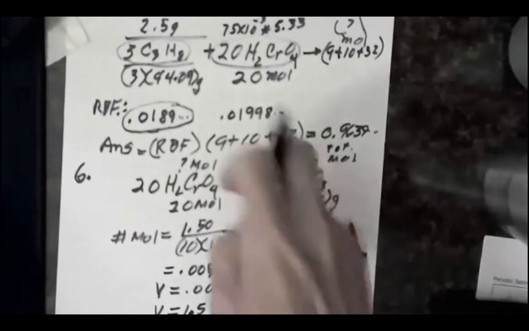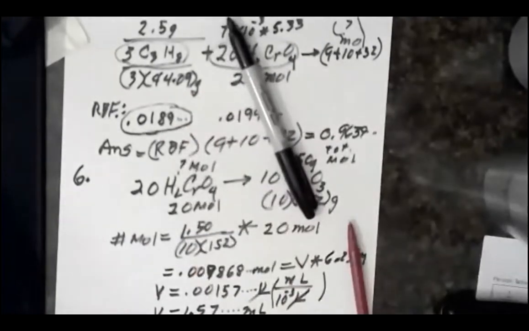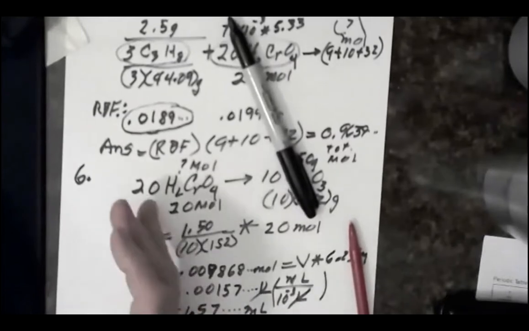Okay. And the reason why that's not the correct answer is we assumed everything was 100% yield up till now. But we know we're only going to get 68.6% of what we expected to get. So I need to scale, this is the amount of a reactant.